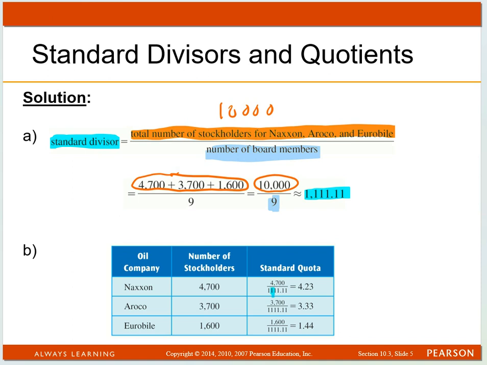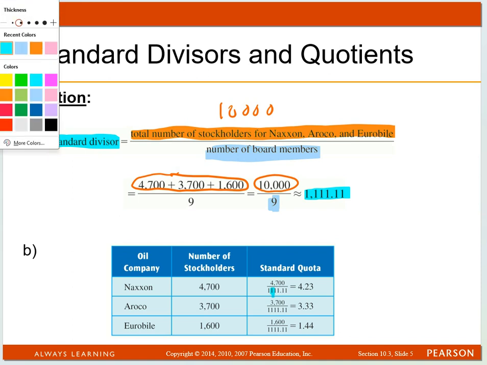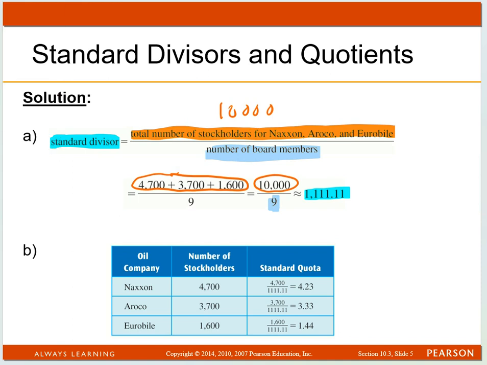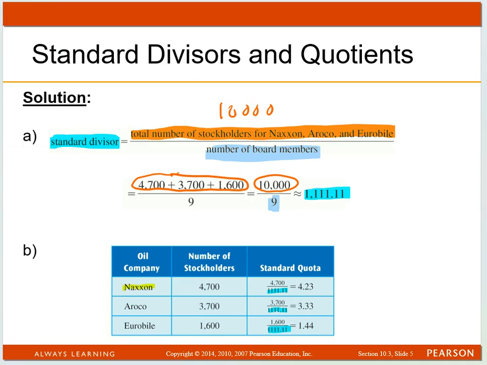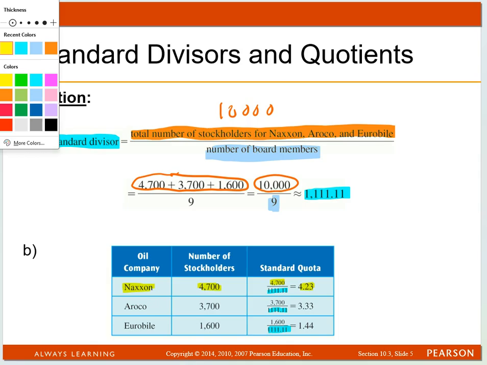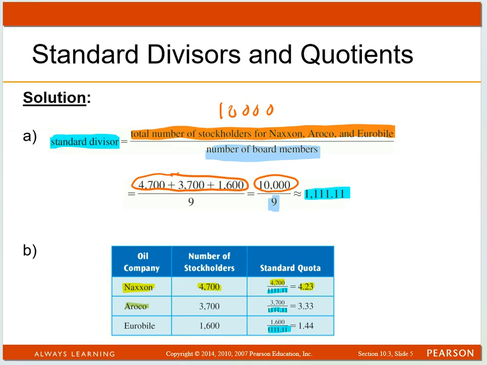So you can see in all these, the denominators are the standard divisor. Then for each company, they did Naxon. So here's Naxon, there's their total number of stockholders. That's the numerator, and when they divided, they got 4.23. Then we did Erico, which had 3,700.